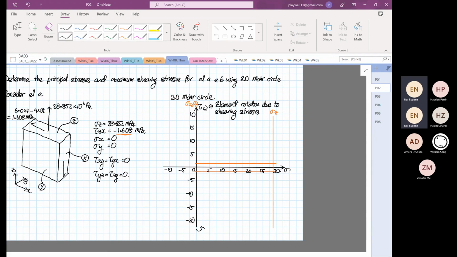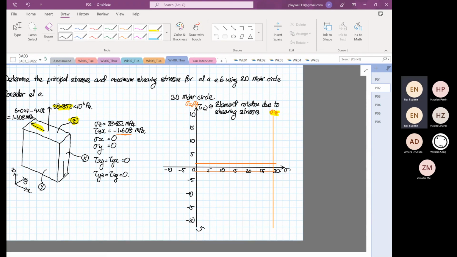Now, let's look at point Z. Point Z has a tensile stress of 28.852. So this is our stress Z, and the shearing stress is going in that direction.